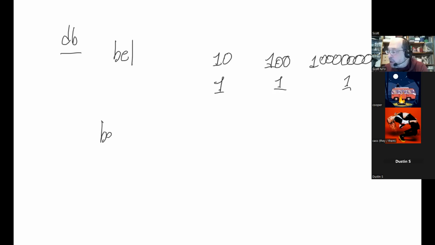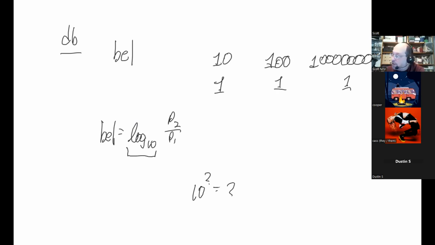So a long time ago, it was determined that a bell was going to be equal to the logarithm base 10 of P2 over P1. Okay, so a logarithm base 10 is basically the opposite of 10 to the something is equal to something. So this is basically saying, what power would I have to raise 10 to get the result?